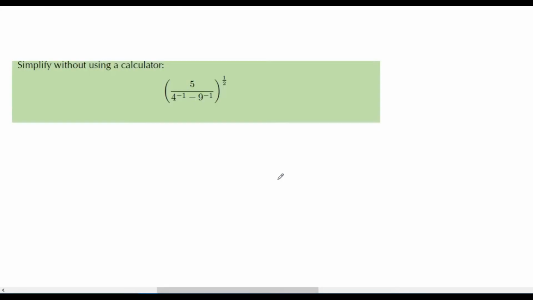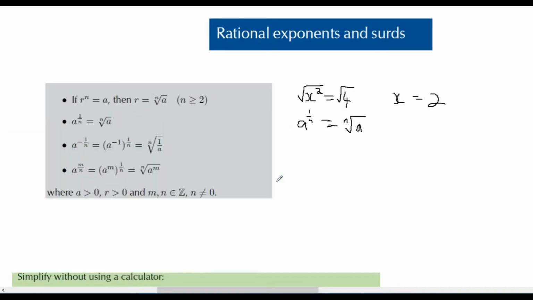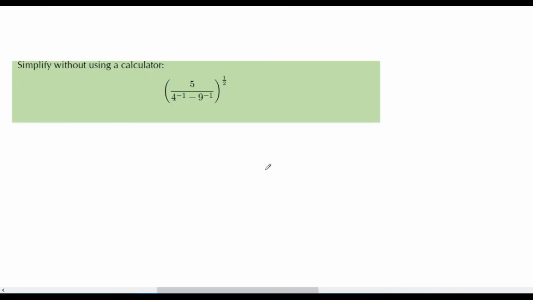So let's do a quick example. Simplify without the use of a calculator. We're not going to be using a calculator for this one. Notice I want to start very easy, so I didn't add any unknowns or variables. I just used 5, 4, 9.